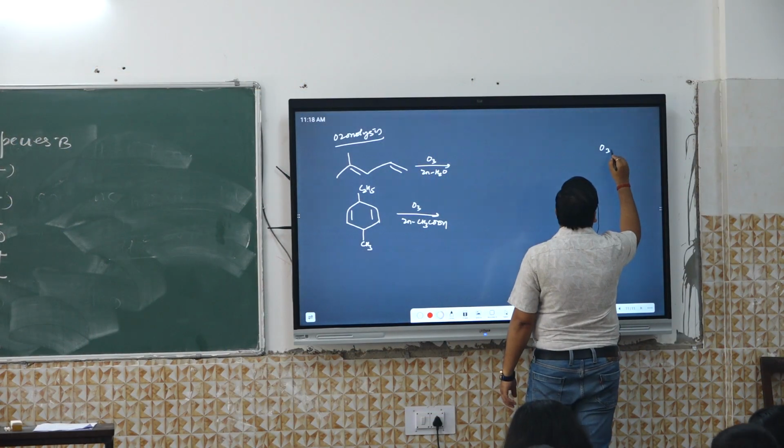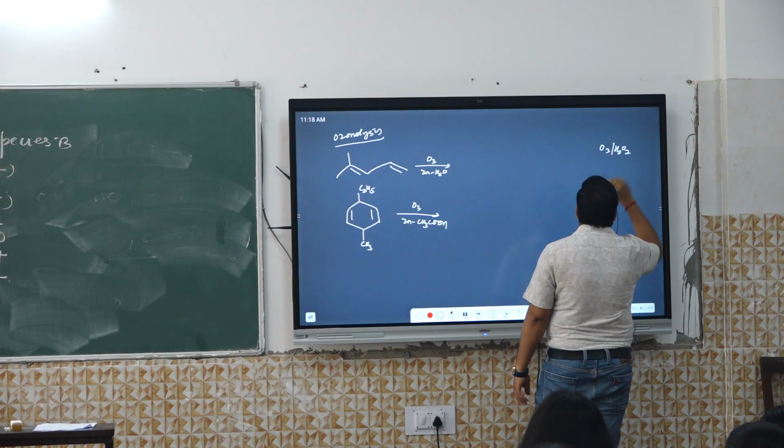In reductive ozonolysis, the reagents are zinc-water and zinc-acetic acid. In oxidative ozonolysis, the reagents are O3 along with H2O2.